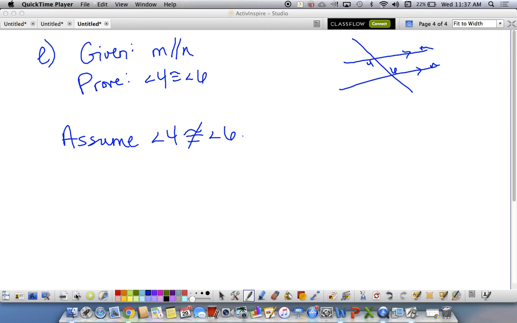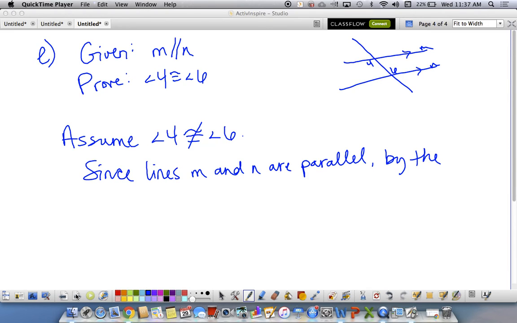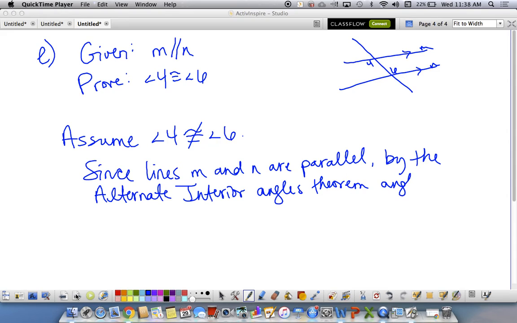Since lines M and N are parallel, by the alternate interior angles theorem, angles 4 and 6 must be congruent.